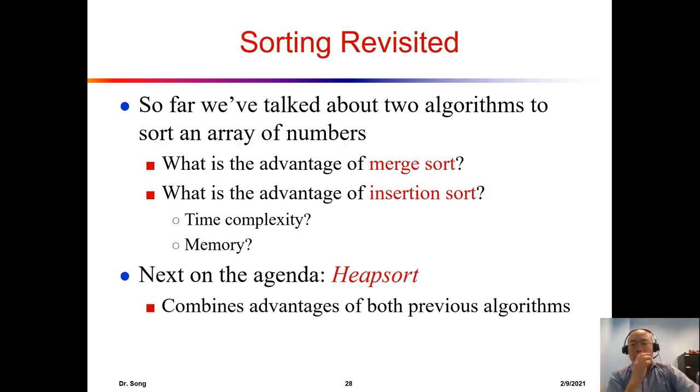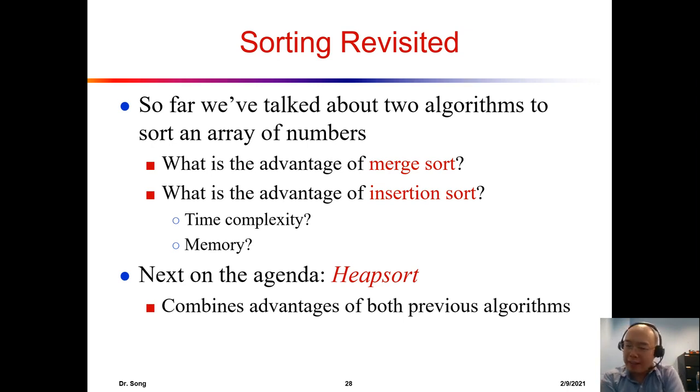Okay, so let's do a very quick review of sorting. So far we have formally talked about two sorting algorithms. We talked about merge sort. And what feeling do you have about merge sort? Do you feel merge sort is fast?